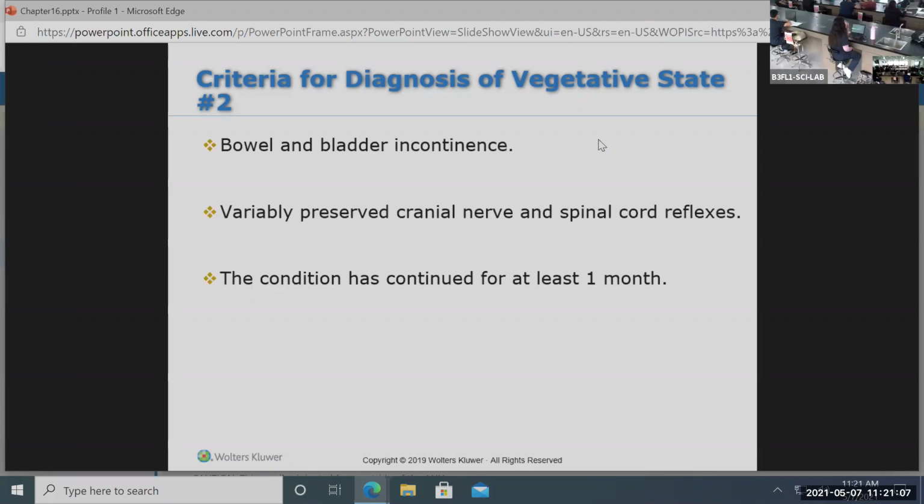Second last is variably preserved cranial nerves and spinal cord reflexes. Some are preserved, most of them are lost, gradually going. The condition has continued for at least a month. Then we call it a vegetative state. For the last 3-4 weeks, the patient has been in the same state, so we call the patient in the vegetative state.